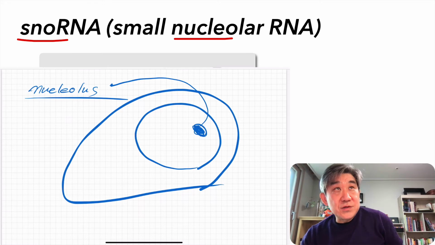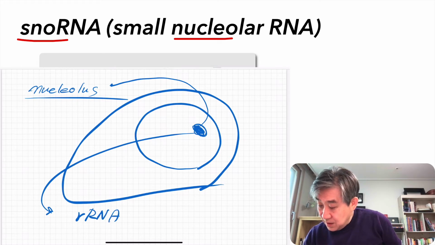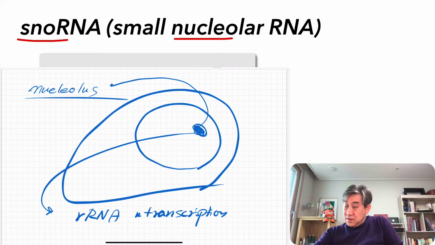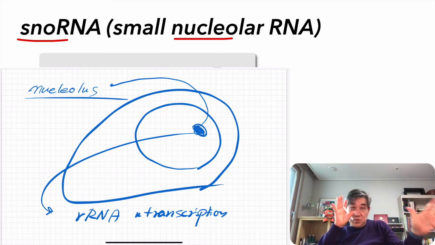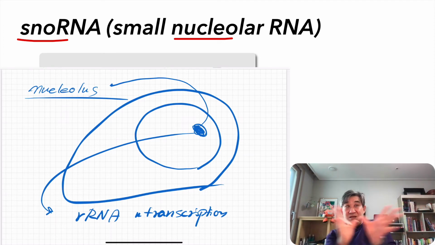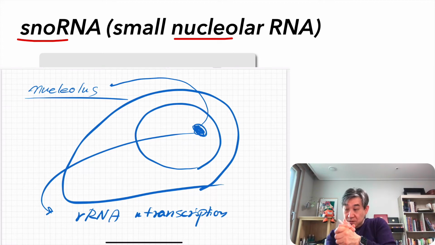Here, in this nucleolus, ribosomal RNA is made. In other words, this is a part of your chromosome, where the ribosomal RNA making genes are clustered. They live together in a very narrow region.